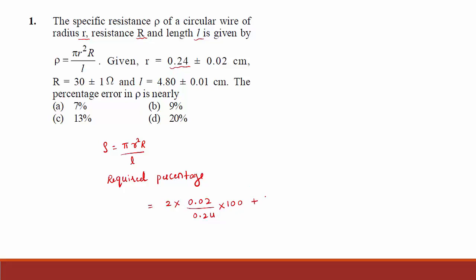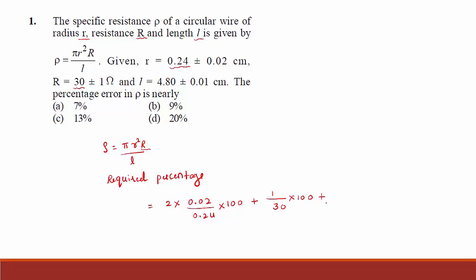Plus, the second term I can take is resistance. Resistance value is given as 30 ohm, plus or minus 1 ohm. Similarly, you can observe in the formula, this is R. It is not squared, it is simply resistance R. So I can write here the error 1 ohm divided by the total value of resistance, 30 ohm, 1 by 30 into 100.